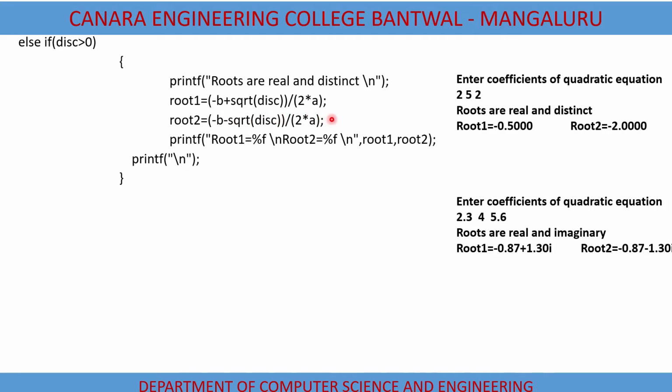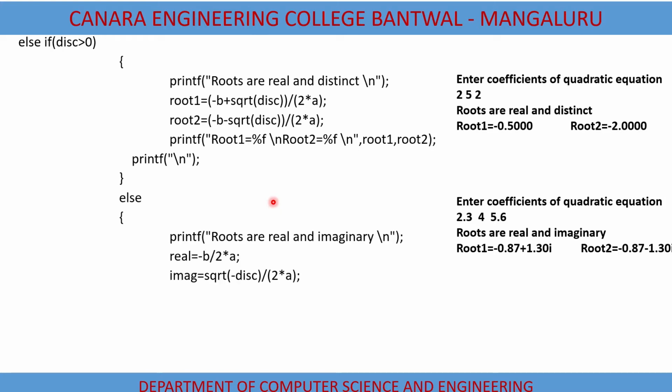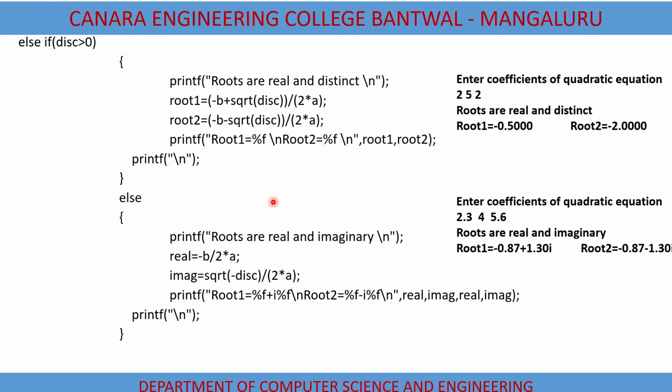So this way it is going to find the value of root 1 and root 2, and it is going to print the root 1 and root 2 values. If the discriminant value is not greater than 0, probably it is less than 0, then it is going to go to the else part, and there it is going to print the message as roots are real and imaginary. So here it is going to calculate the real value by using a formula.